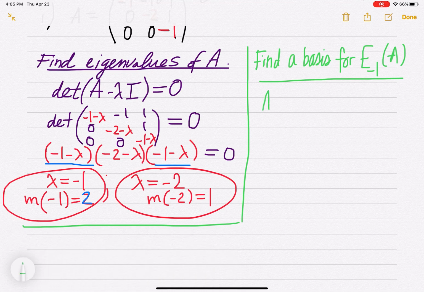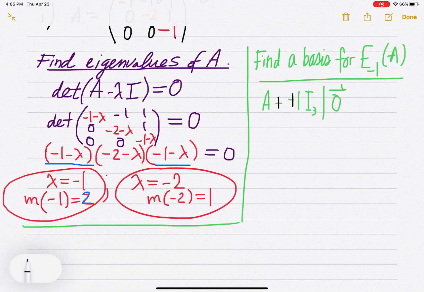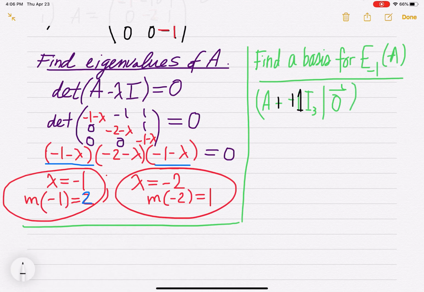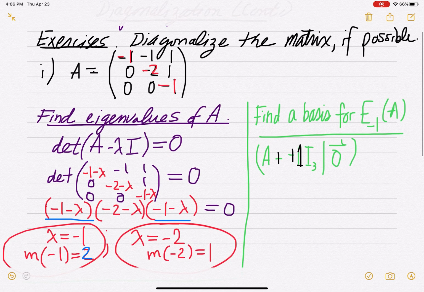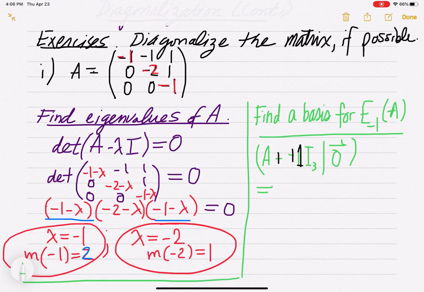A minus -1 I3 augmented with the 0 vector. That's the way we're going to write that homogeneous equation, using an augmented matrix. This double negative becomes a plus, right? So essentially what we end up doing is adding 1 along the main diagonal of A. So if I were to go back to A, the red diagonal entries, I got a 0 vector here on the right hand side.